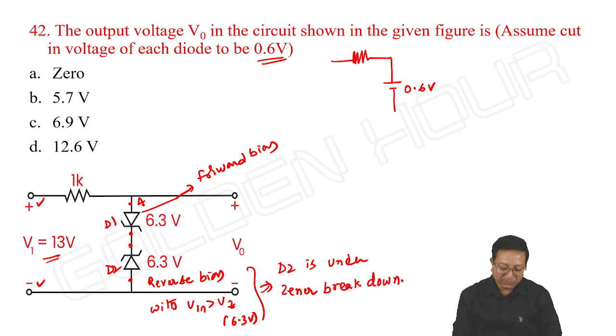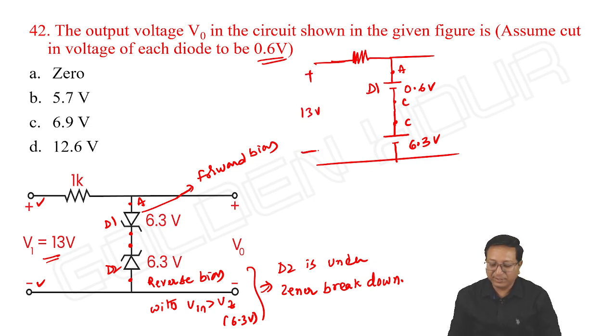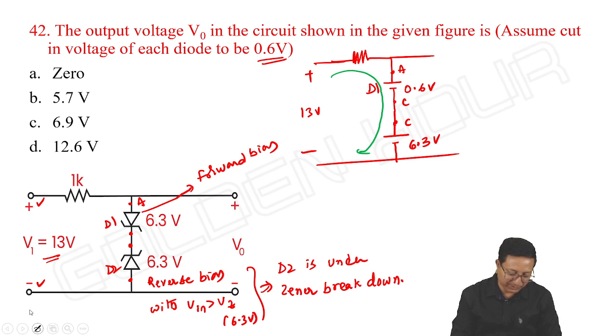And for the second one, from cathode to anode, I should take a voltage source of value 6.3 volts. 13 volts is our input. In D1, the current is flowing from anode to cathode, and in D2, the current is flowing from cathode to anode. Everything is fine.